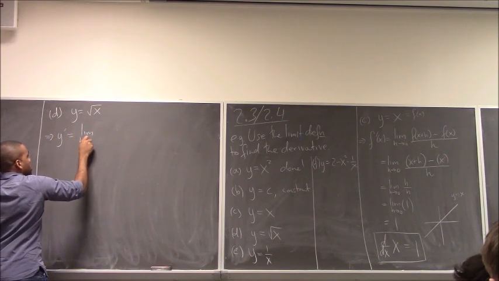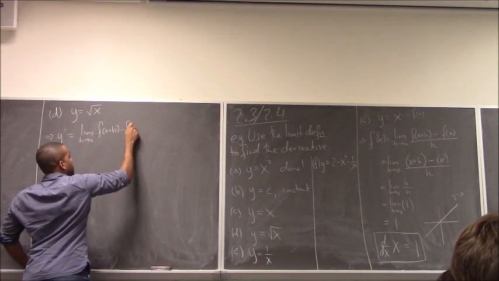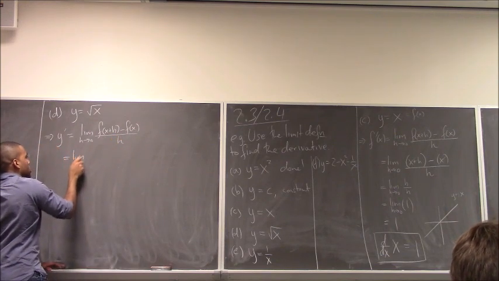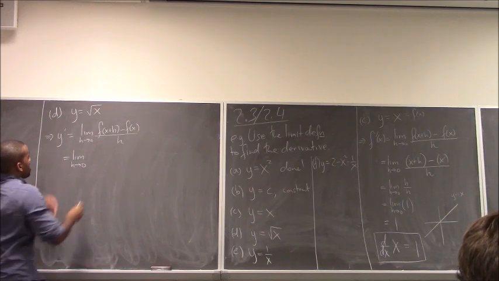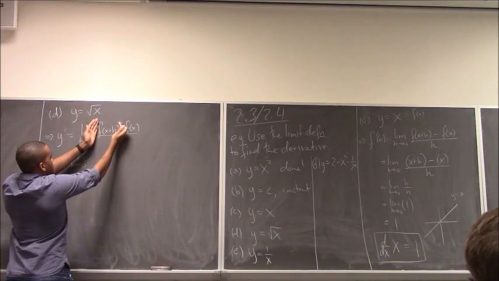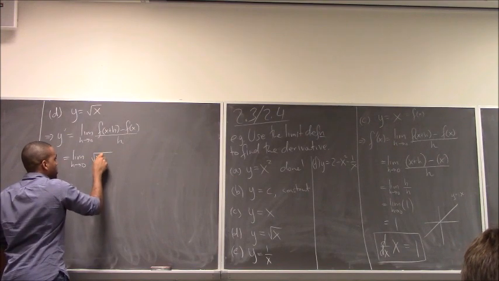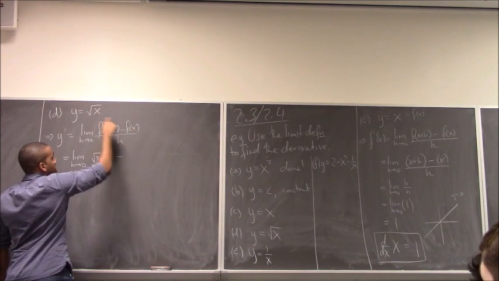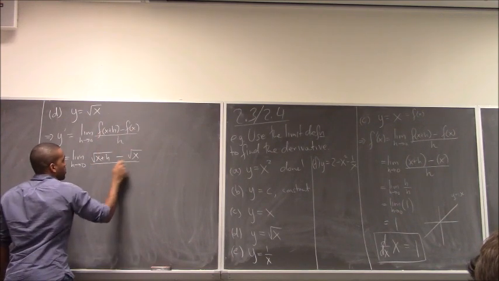It's just the limit as h approaches 0 of f of x plus h minus f of x over h. So if my y is radical x, what is f of x plus h? Radical of x plus h, all under the radical, minus my f of x, radical x, over h.